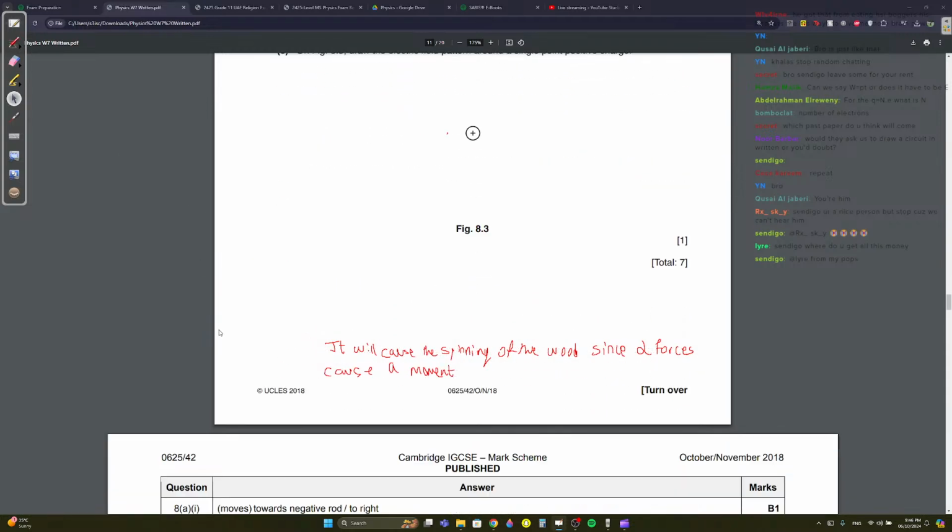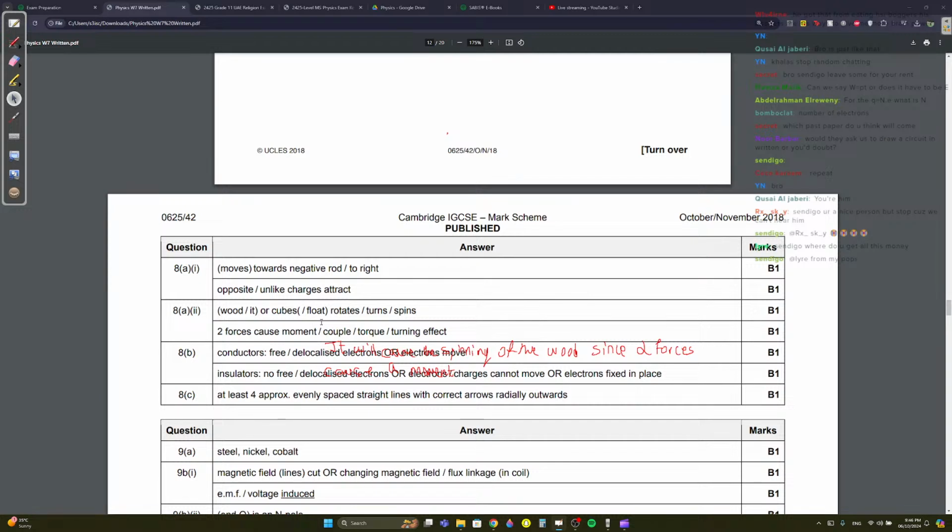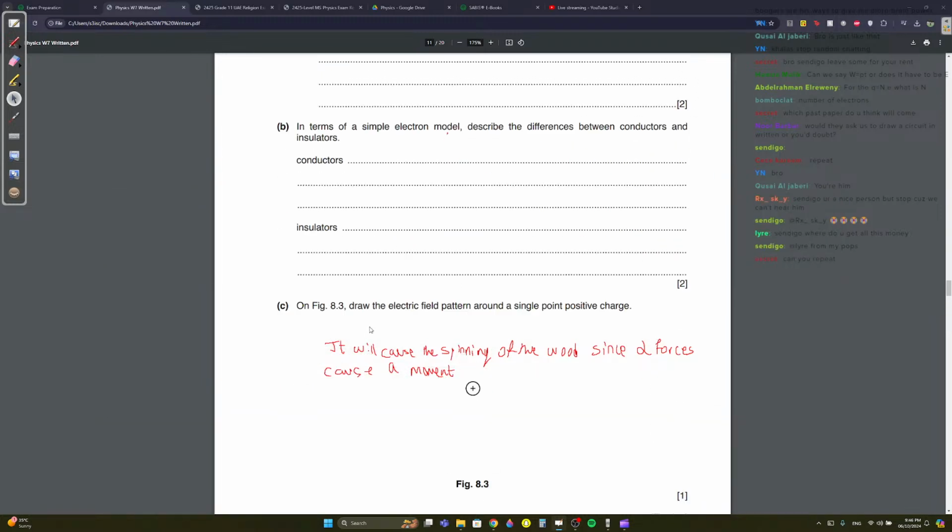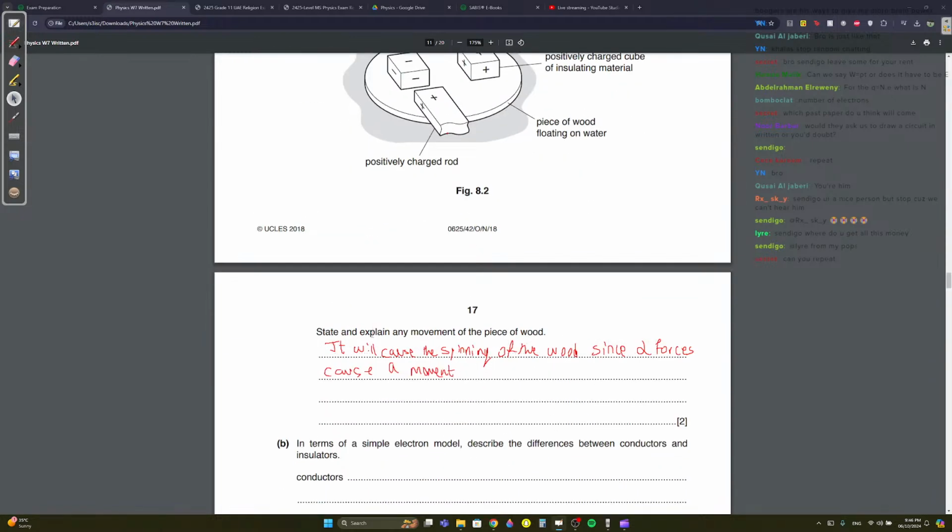I think that's it. What do they want us to write anything? It spins. Two forces cause a moment. Right. That's it. Nothing else. You don't have to say anything else.